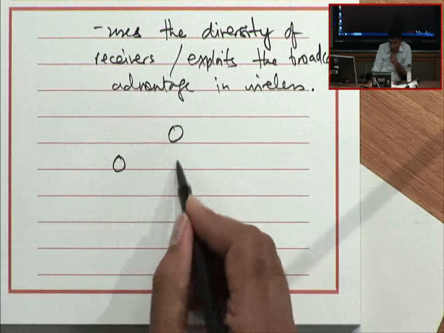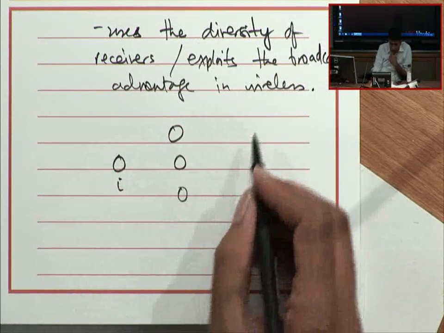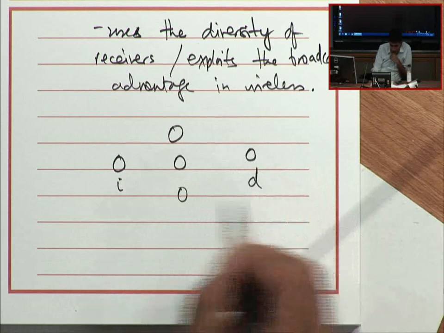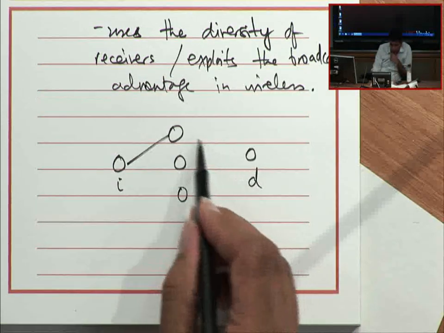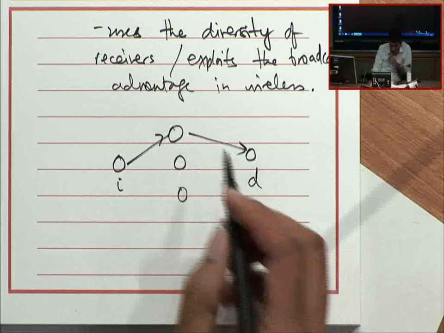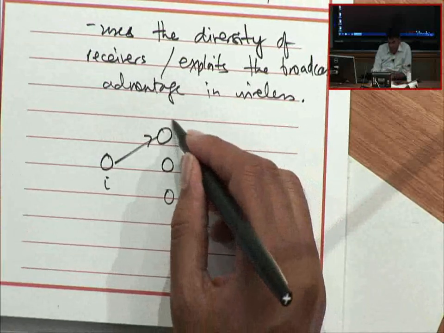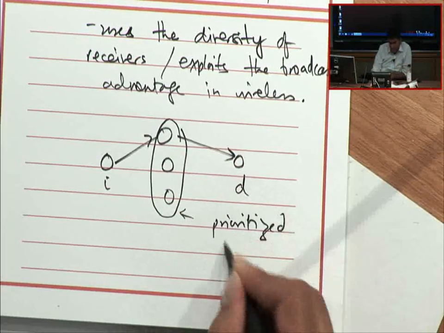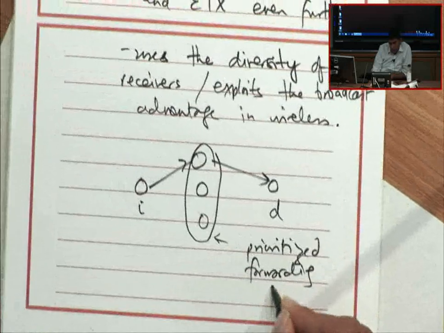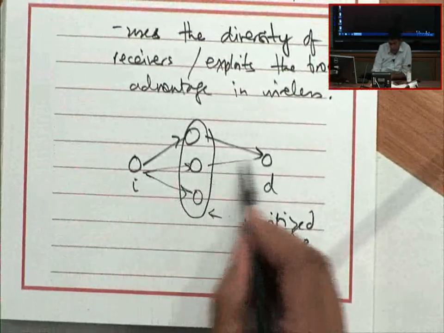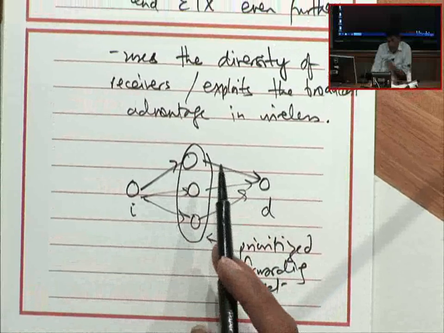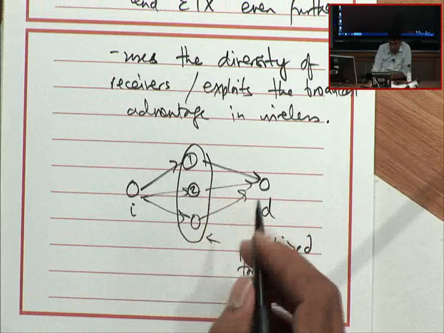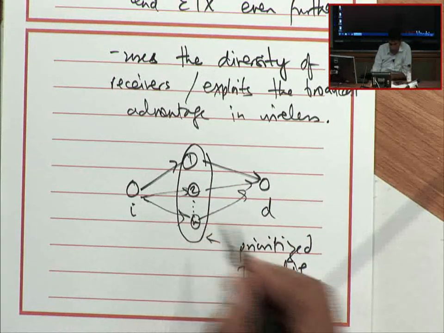And we discussed last time the basic idea that if a certain node wants to communicate to some final destination, while many TX would have chosen one of the possible receivers, with any path routing, you might choose a prioritized forwarding set. And the basic idea is that when you're transmitting, you say that it's okay for any one of them to forward with the priority that maybe you want node number 1 first, then node number 2, and so on.